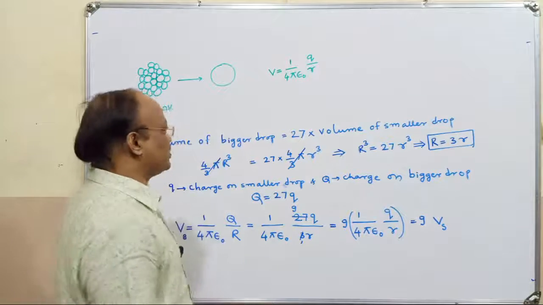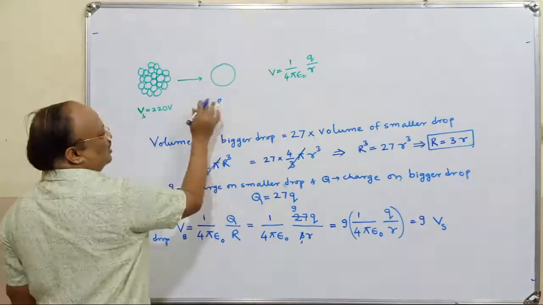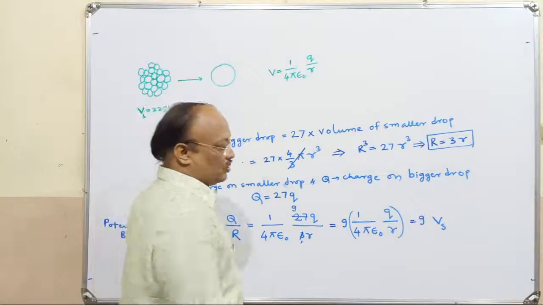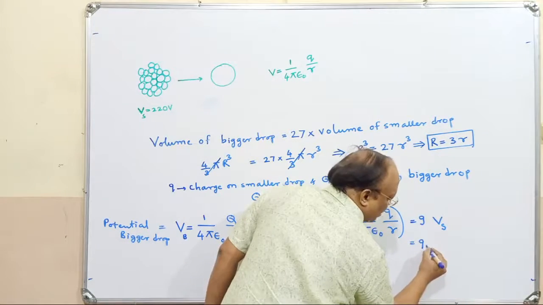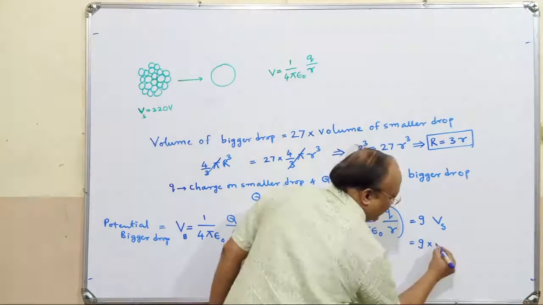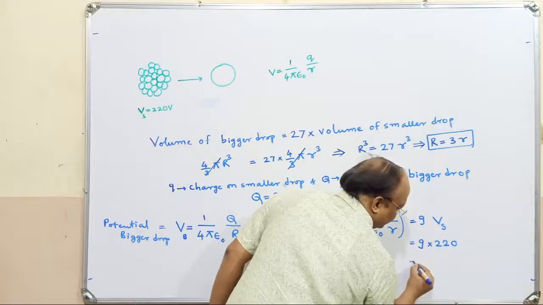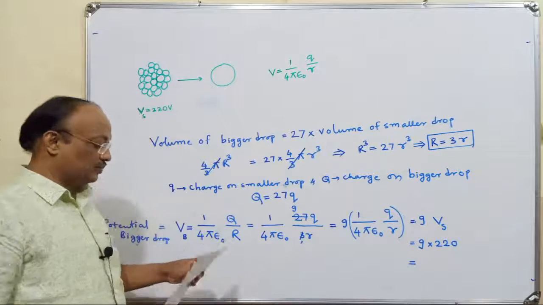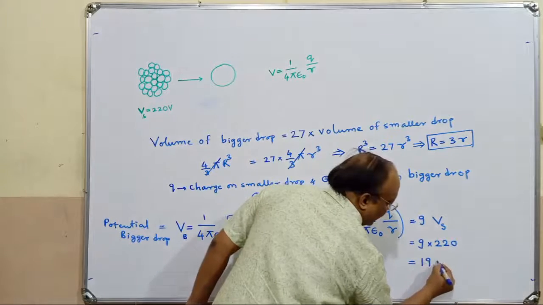Already they have given us the potential of the smaller drop. Vs is equal to 220 volt. So this is equal to 9 into 220, which comes out as 1980.